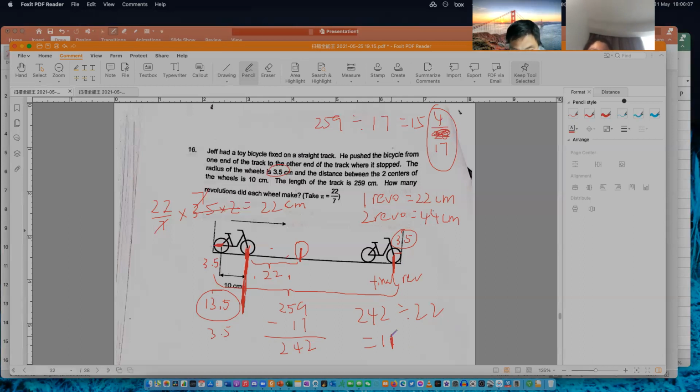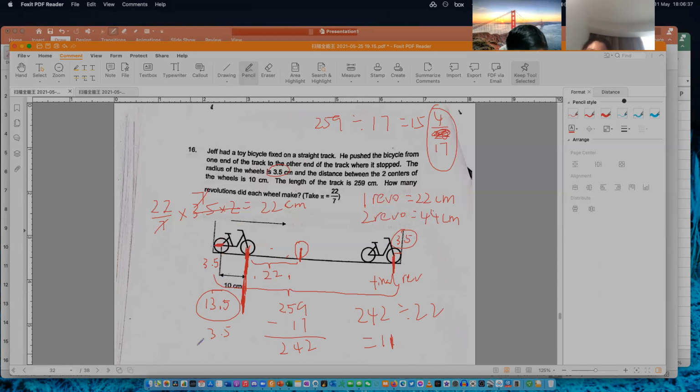Okay. So basically, what the question here is, once again, you have 3.5 here, and then you have 10 here. So that means 13.5 is the distance that you never move. And then there is a final 3.5 cm you also never travel.